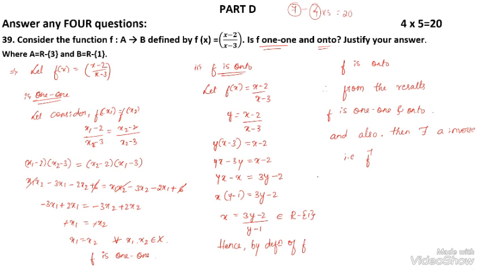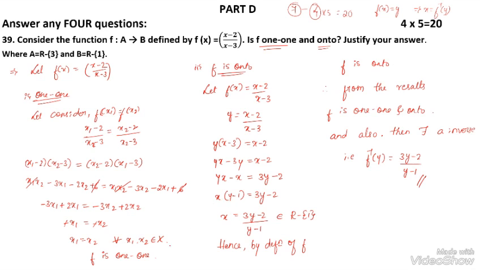While taking f(x) = y, then taking f inverse, it becomes x = f inverse of y. So I can write f inverse of y = (3y - 2)/(y - 1). So this much is the proof of the given problem. Hence, the given function is one-one as well as onto.